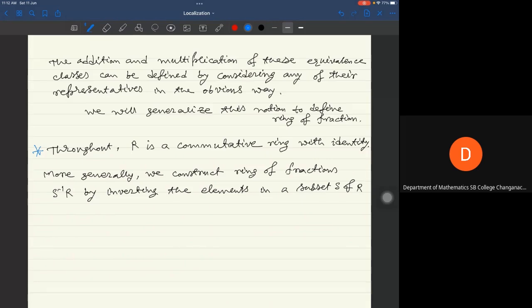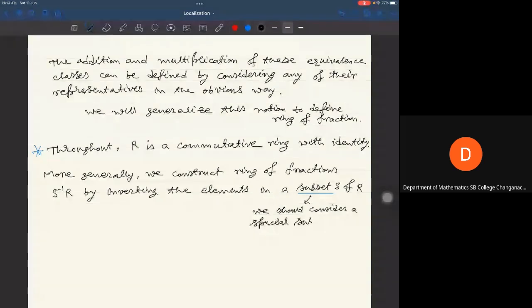Now we will construct the ring of fractions S inverse R by inverting the elements in a subset S of R. And what kind of subset is this? It is not any arbitrary subset, but we should consider a special subset, namely a multiplicatively closed subset.